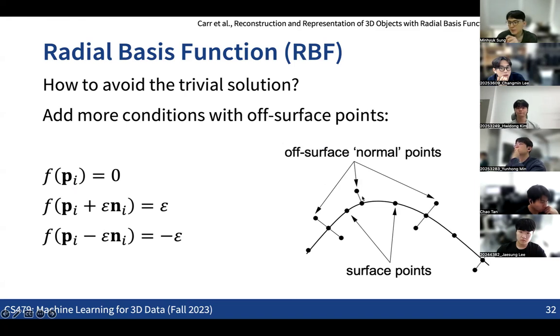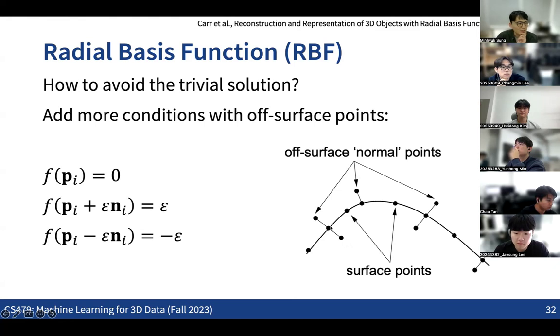Given that we have n points, where all the points should have the function value zero, we take off-surface points along the normal direction. So let's say that we have the consistent surface normal information for all the points. Then we take one point outside of the shape and another point inside of the shape, just like taking an offset of the points along the normal direction.